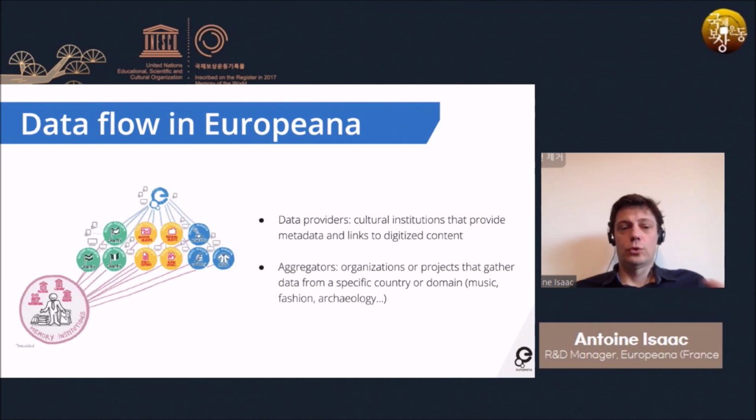In terms of flow, the data providers, the cultural heritage institutions, give us this metadata and the link to digitized content. The metadata comes to us via what we call aggregators, which are organizations or projects that gather data either for a specific country or for a specific domain. We have aggregators for fashion, for archaeology, and other domains.